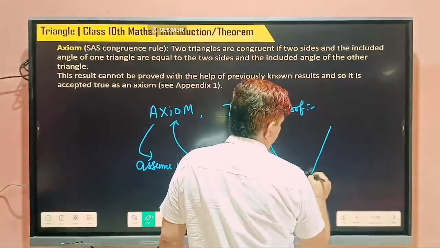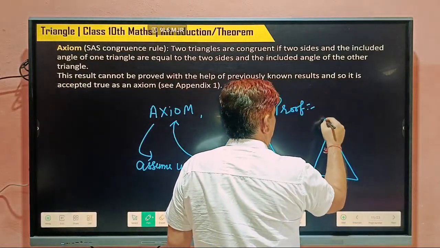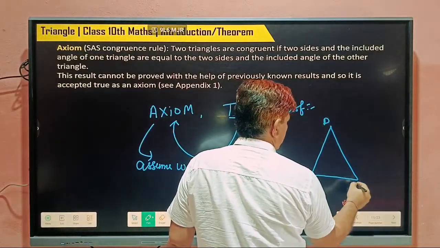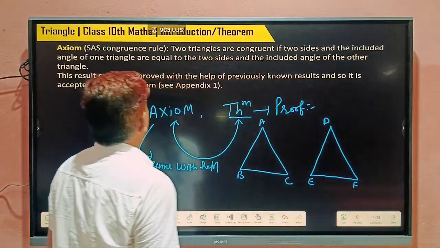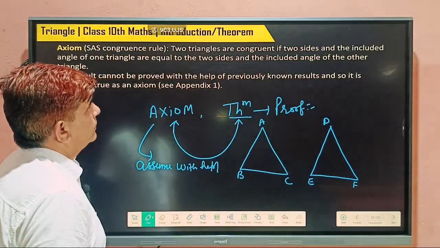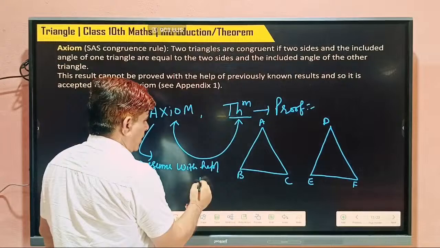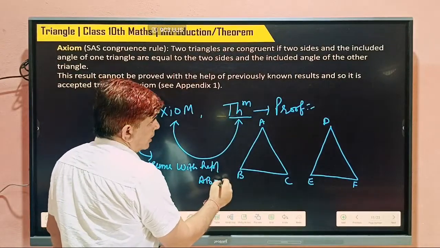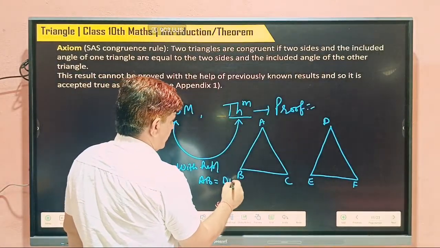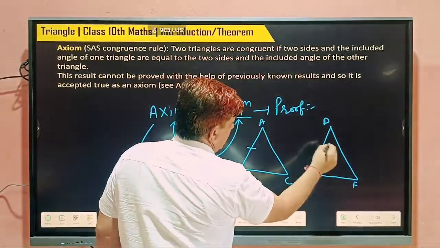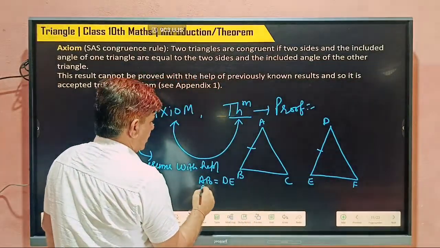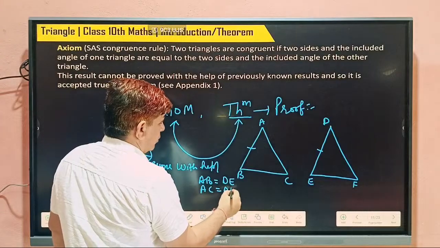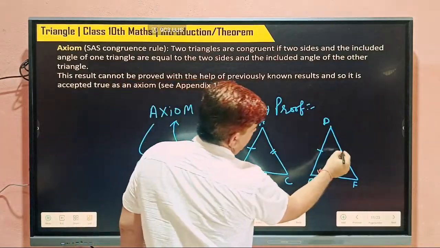Another triangle. What's the triangle? DEF. Understood? Two sides like this, AB equal to DE, this equal to this, AC equal to DF, this equal to this.